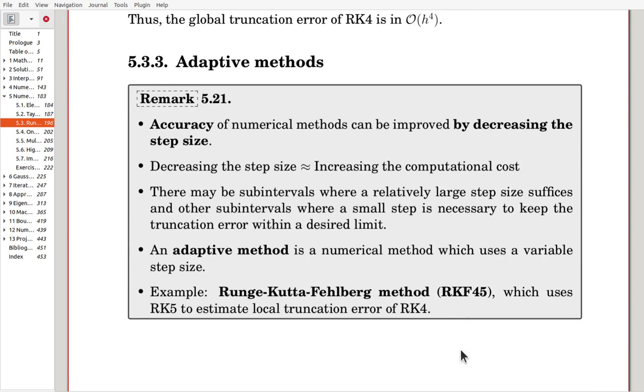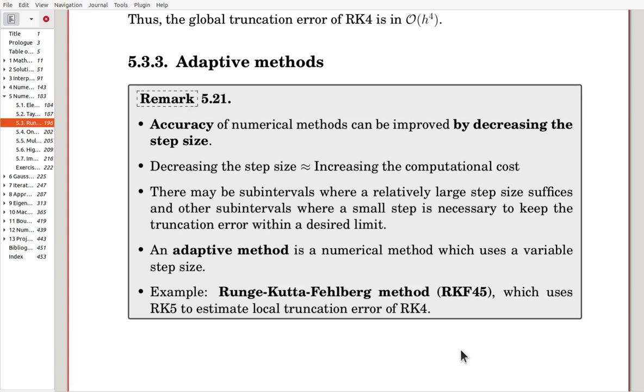Okay, here we'll consider adaptive methods. For the accuracy of numerical methods, we may try to get a better solution by decreasing the step size, but decreasing the step size is the same as increasing the computational cost.